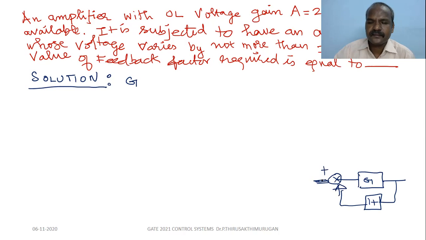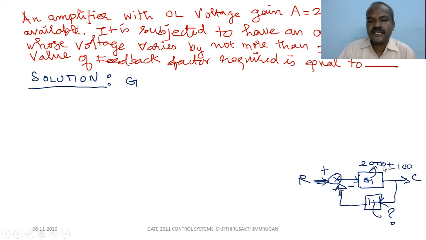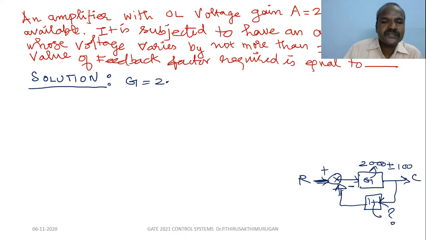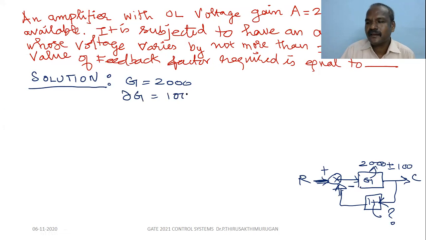So we have to find what is H. G value is given. What is the G value? 2000 plus or minus 100. So G equals 2000, the open loop gain. What is plus or minus 100? ∂G. ∂G equals 100, right?